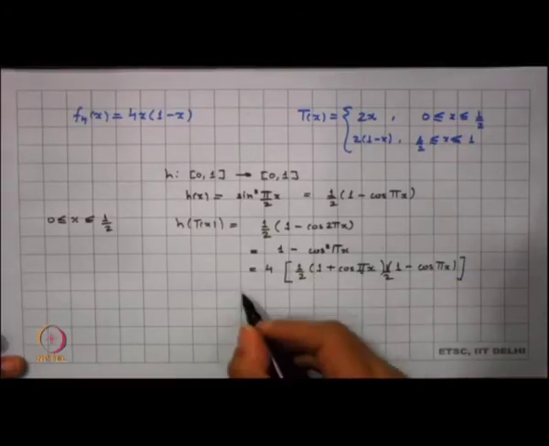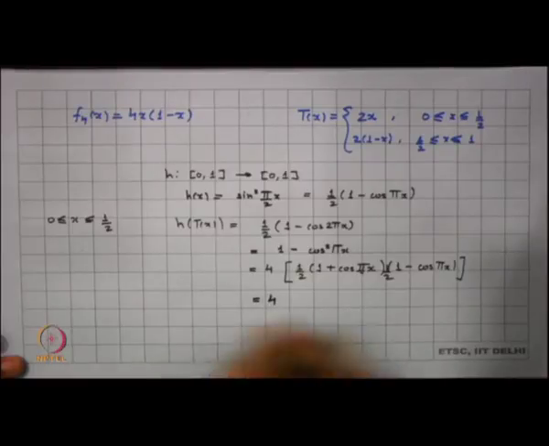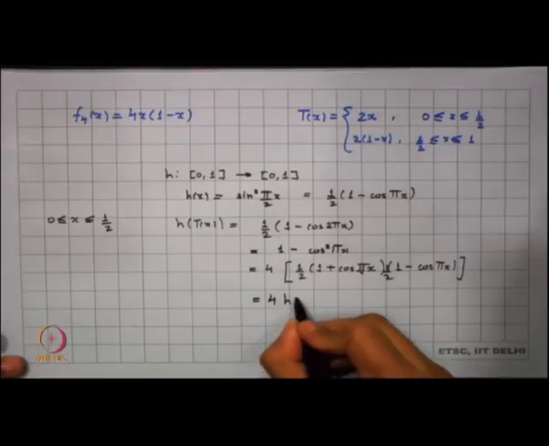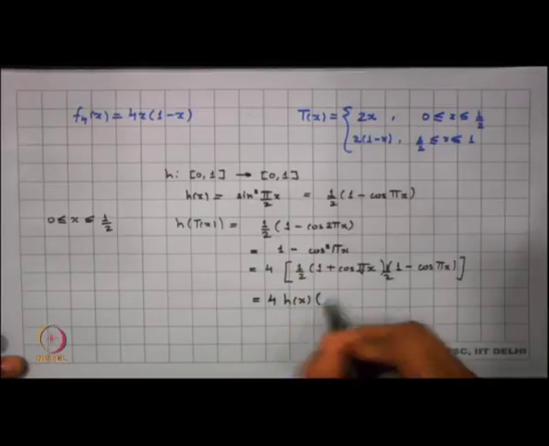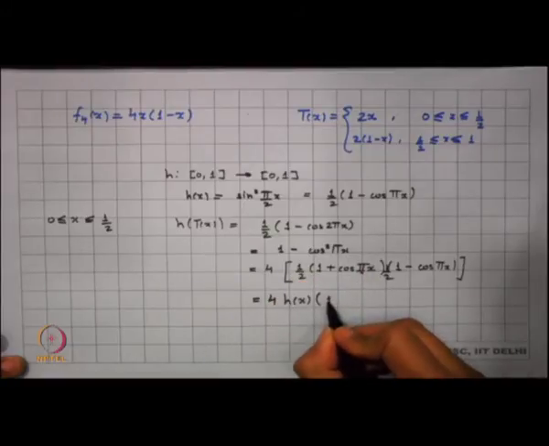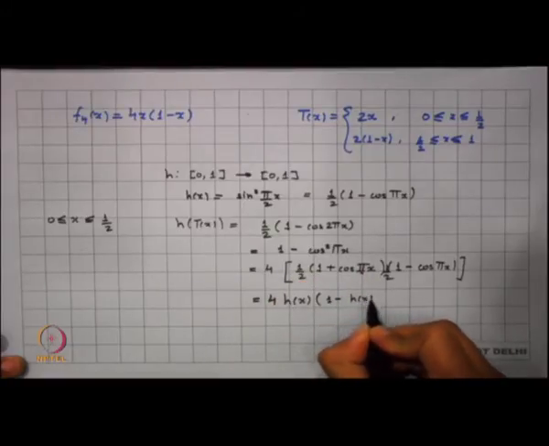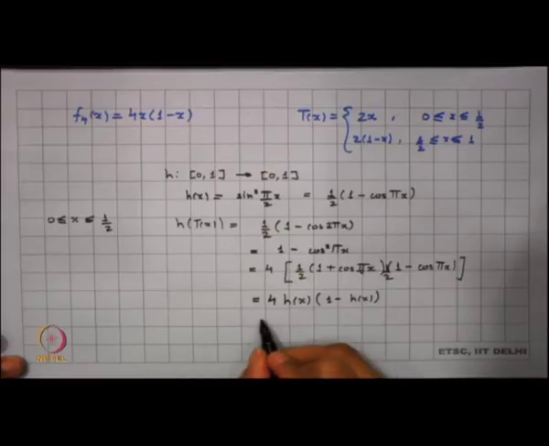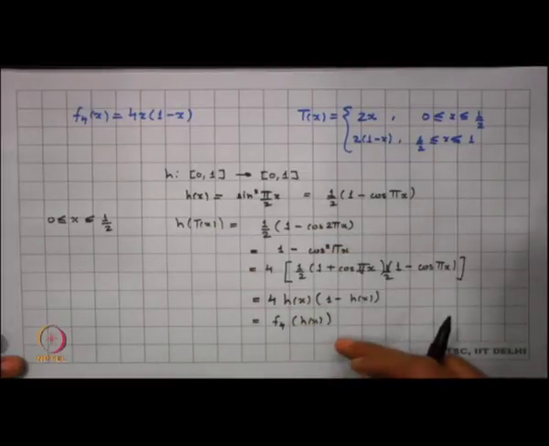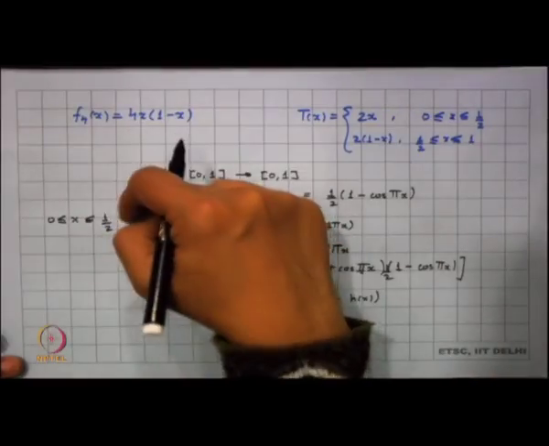We find that this is nothing but my h of x, and this particular term turns out to be nothing but 1 minus h of x. So this is f4 of h of x, and we find that h of Tx equals f4 of h of x for all x between 0 and half.